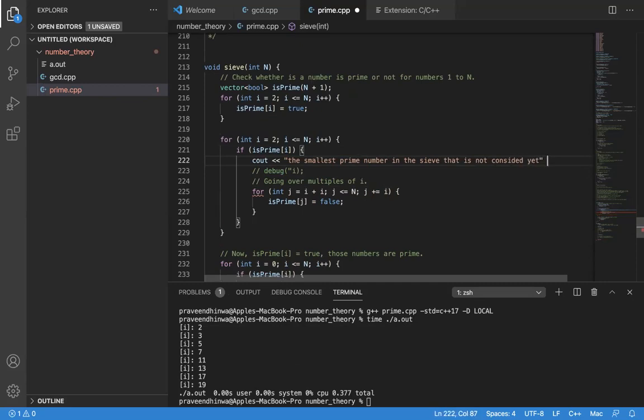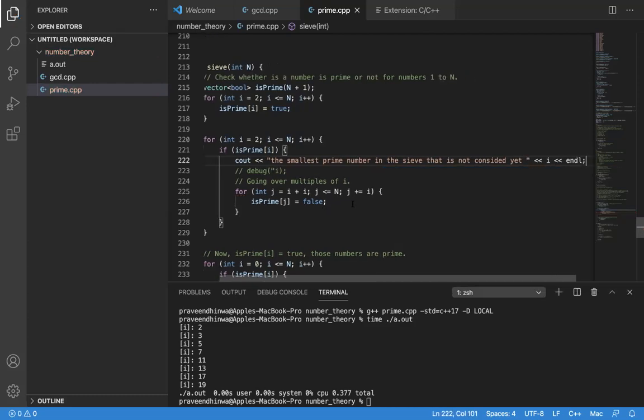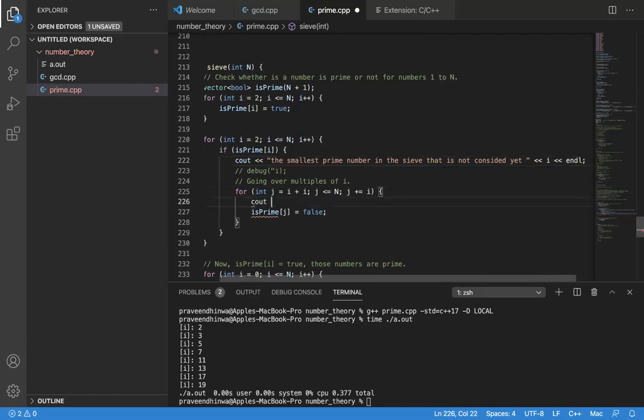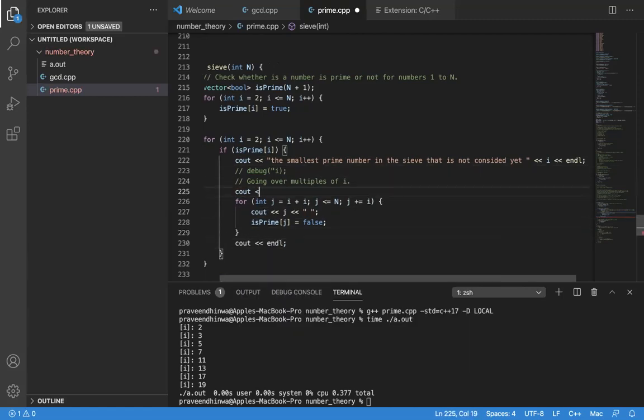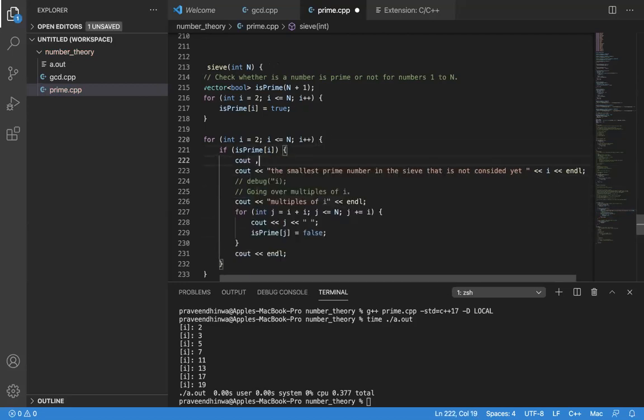Considered yet would be i, fine, and these will be multiples of i. So these are j, and these are multiples of i.